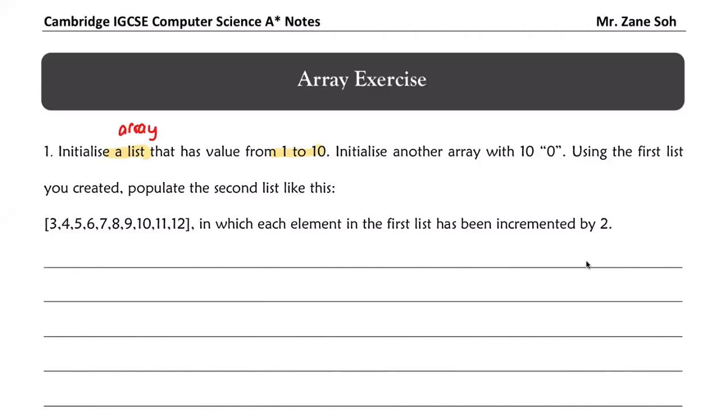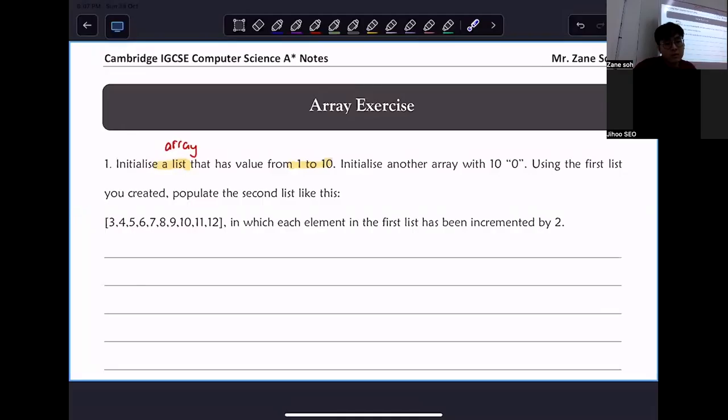Because in your syllabus, we don't have list, we have only array. So for this one, initialize an array from 1 to 10, then we have another array. Is 10, 0. So you use the first array to populate the second array. So it becomes something like this, and increment by 2.